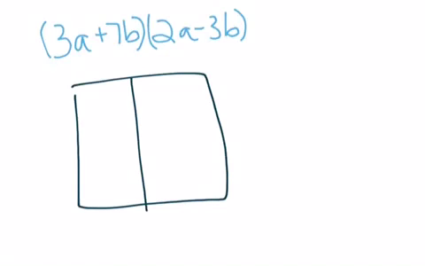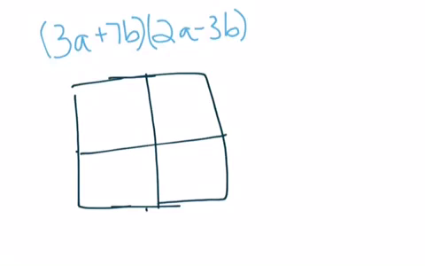Make it big enough to where you can really write in there. Okay, put your first parentheses on top, so that's going to be 3a and a positive 7b. And down here it's going to be 2a and a negative 3b.